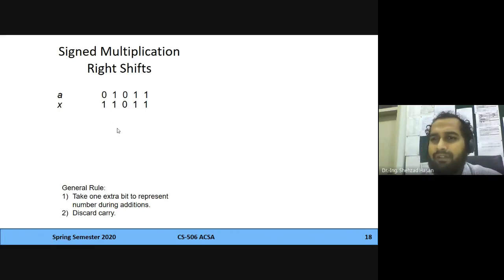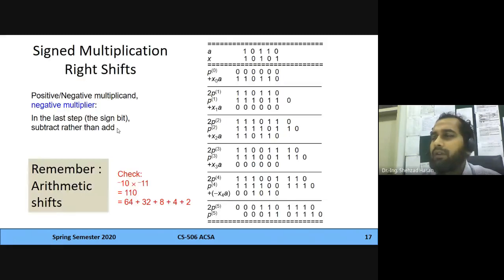I'm going to come to the previous slide where the steps were mentioned. You can change the a and x, but this is just telling you the steps that are required. The last step has to be a subtraction step because the multiplier was a negative number. So try to do that yourself and see whether you obtain the right answer.